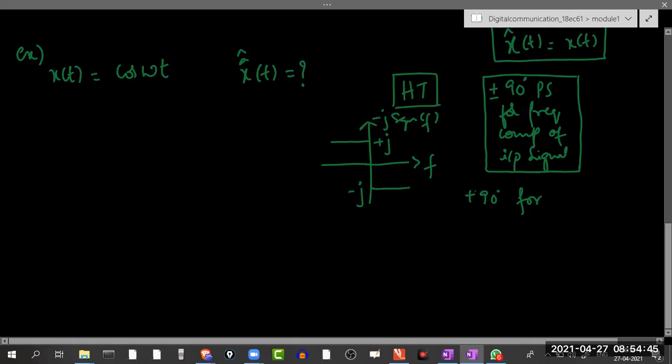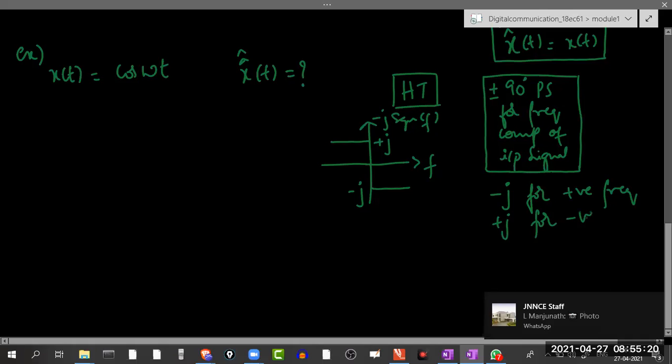So it changes the phase by 90-degree for all negative frequencies, or in other words, it changes its phase value by negative j for positive frequencies and positive j for negative frequencies.